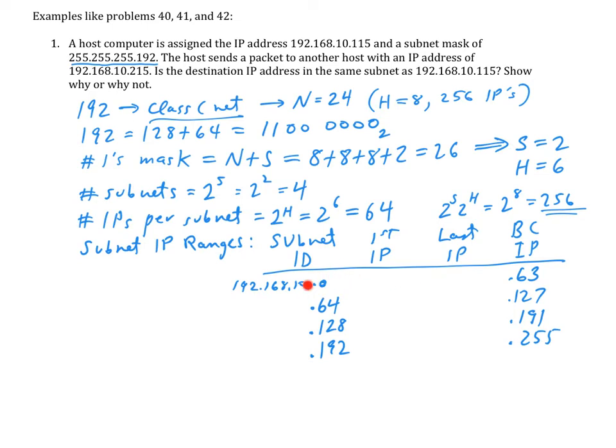The first one is one more than the subnet ID, and the last IP is one less than the broadcast: .1, .65, .129, .193 for the first IPs, and .62, .126, .190, .254 for the last.